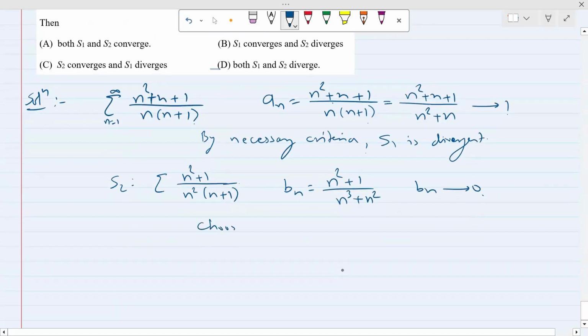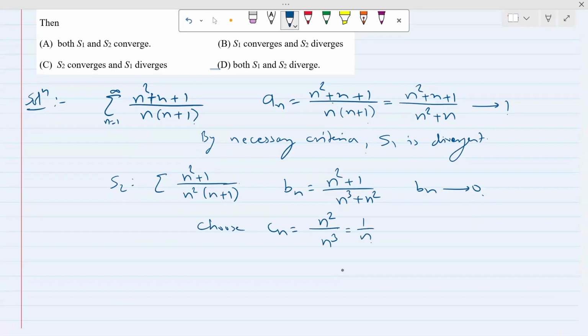The trick is to choose cn as follows. What is the highest power of n in the numerator? 2. So choose numerator term n square. And what is the highest power of n in the denominator? 3. n cube. So choose n square upon n cube, that's nothing but 1 by n. Choose cn as 1 by n for all n.